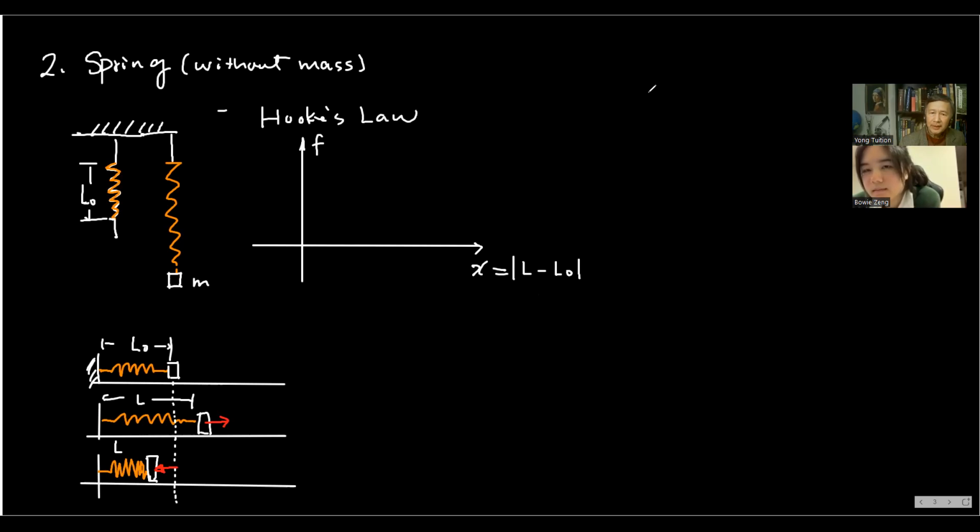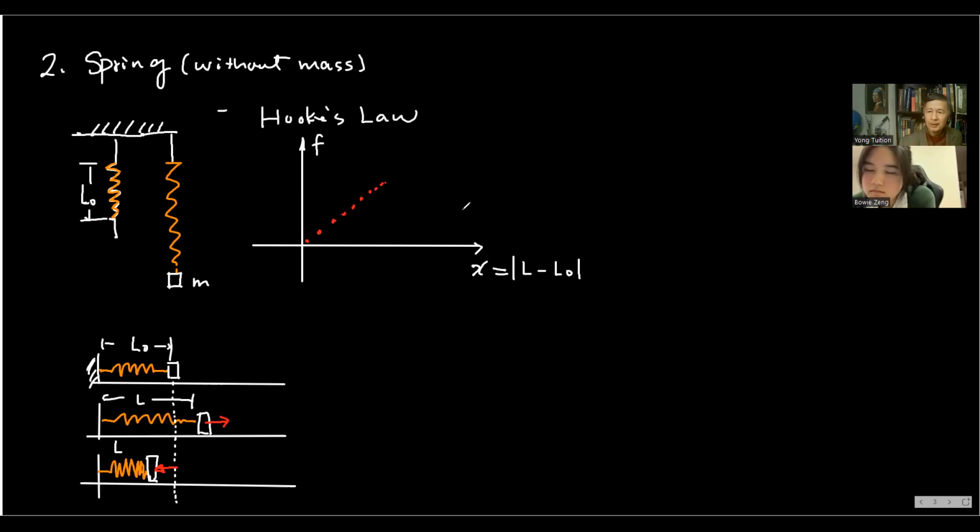So can you guess what would be the dependence of the force? If you make it longer, the force will increase. And if you compress it, the force will also increase, but the force's direction is different. After a series of experiments, he got a simple linear dependence if the change is not too big.